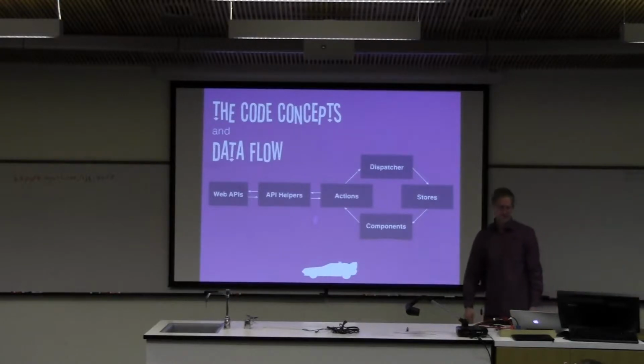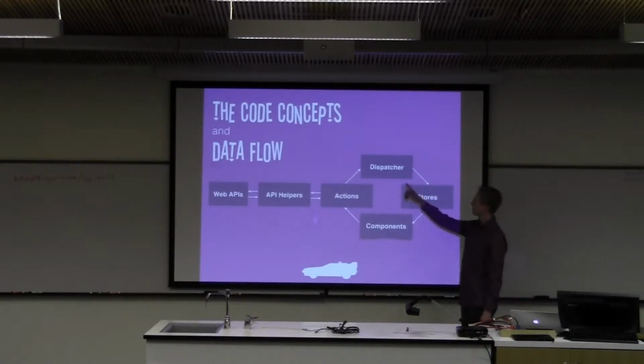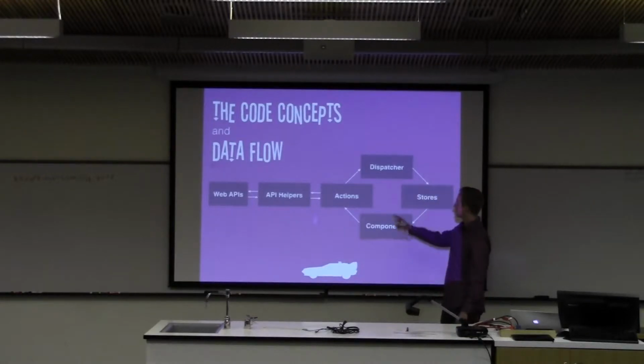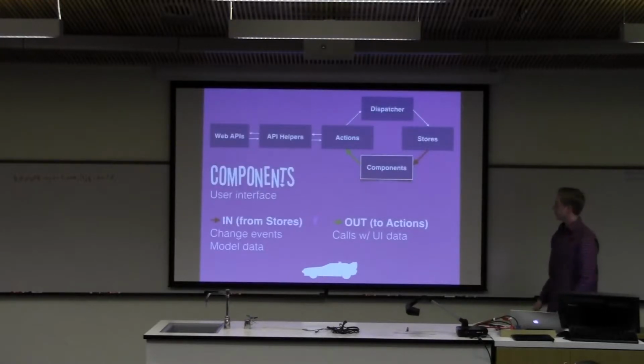So the things that we should be seeing here are the code concepts, which are these things that we saw from the previous slide, and also the data flow, which is going to be represented by the arrows, the directions there.